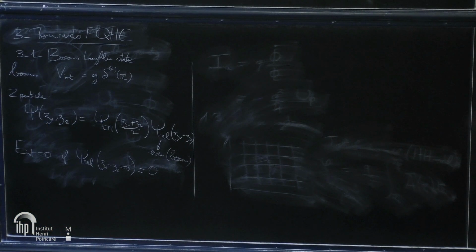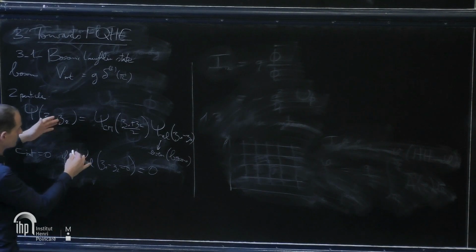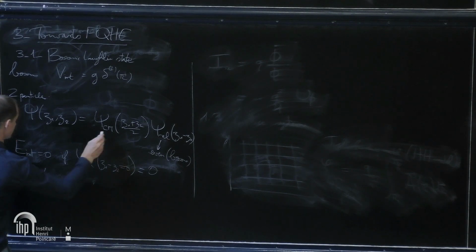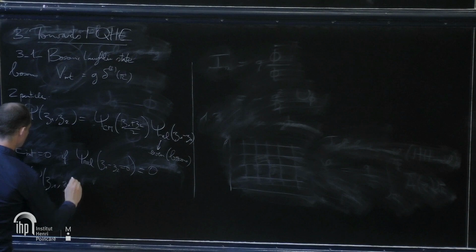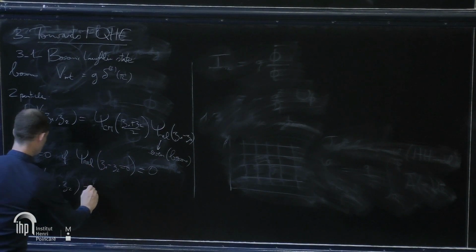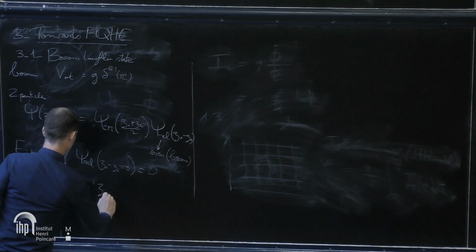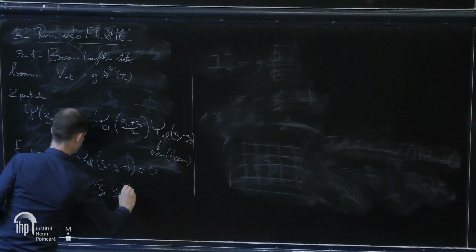And so we can exhibit the simplest wave function that satisfies this. Of course there are plenty of solutions, but if we focus on the ones that have the smallest extent around r equals 0, so the smallest values of angular momentum, it will be given simply by setting the center of mass wave function to 1 and the relative wave function to the polynomial of order 2, so (Z1 minus Z2) squared.